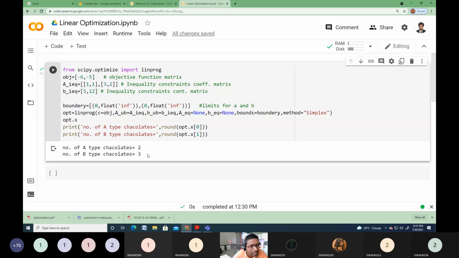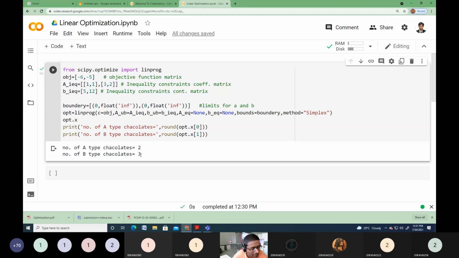Based on your problem statement, your requirement, and your constraints, if you are able to produce 2 A-type chocolates and 3 B-type chocolates, then only you will get the maximum profit.